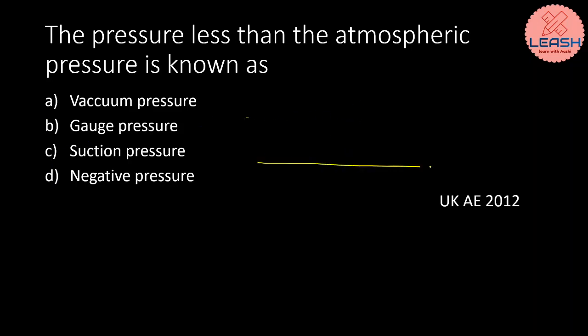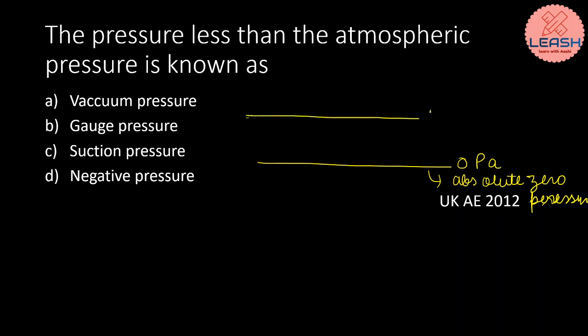I am taking an imaginary line which represents 0 Pascal, or absolutely zero pressure here. Absolutely zero pressure is of vacuum. So let's assume we are starting here with vacuum. Atmospheric pressure is represented, let's say, by P ATM.